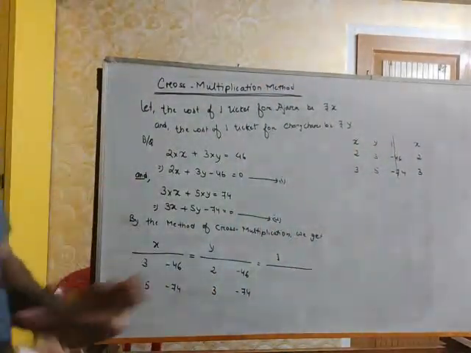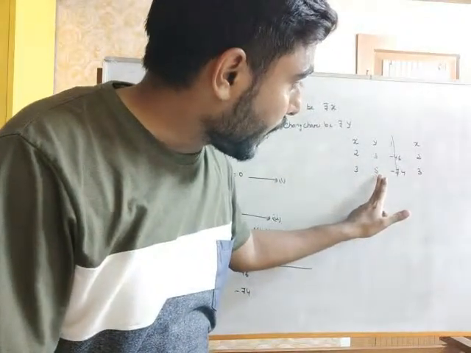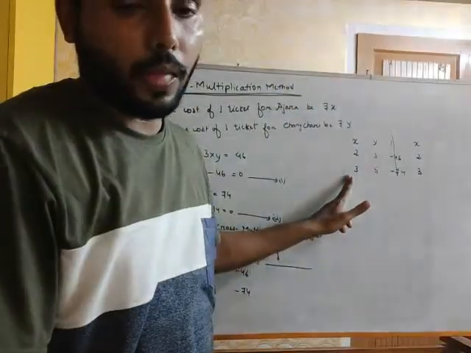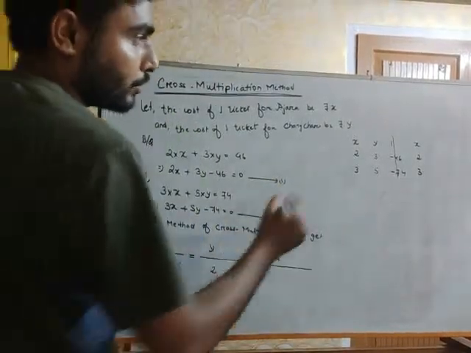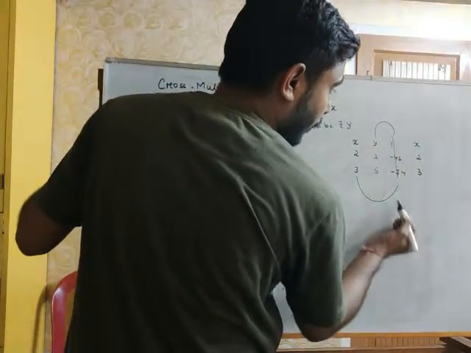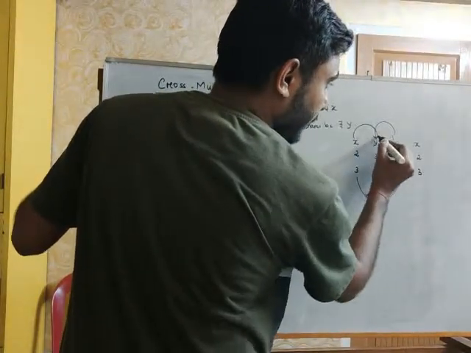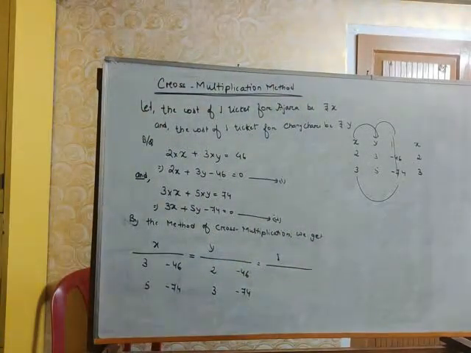Now for the constant term you have to skip the constant term. So when you skip, I have written x here, how it will go, x y and one more will be there. Okay, you cannot write like this. For x, y and constant term; for y, this one; and for constant term it will be x and y. The coefficients will be arranged. Did you understand how to arrange?